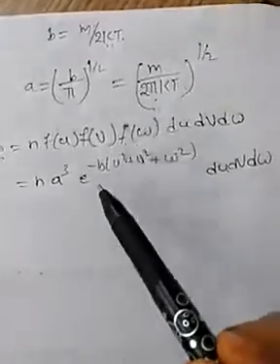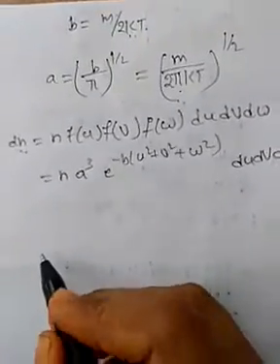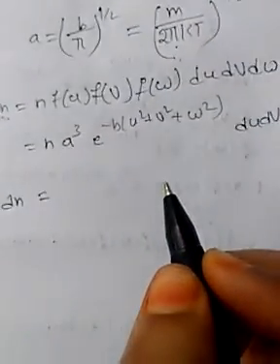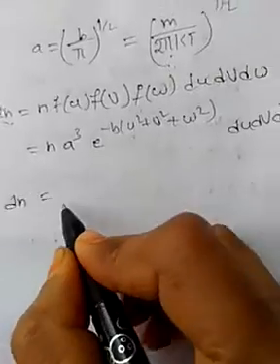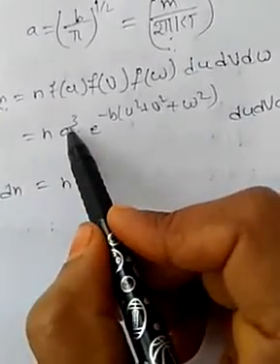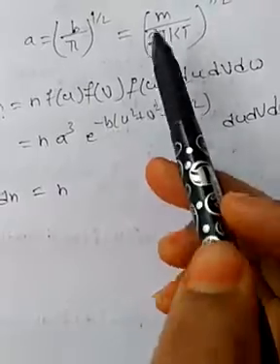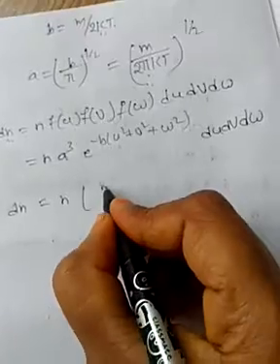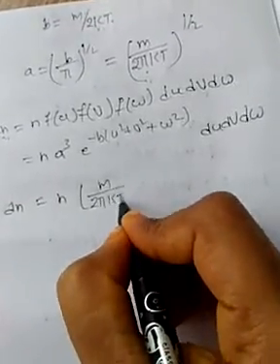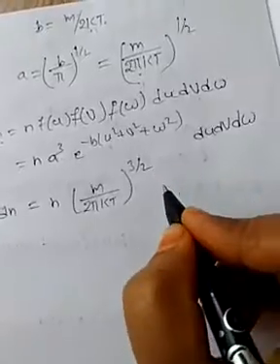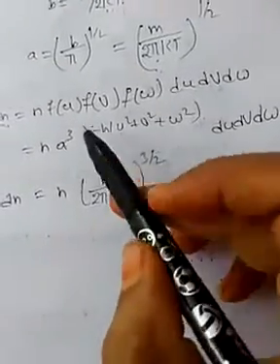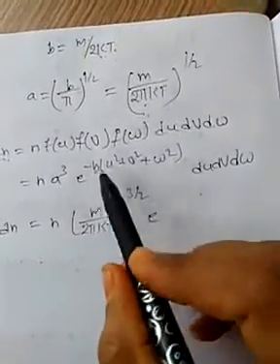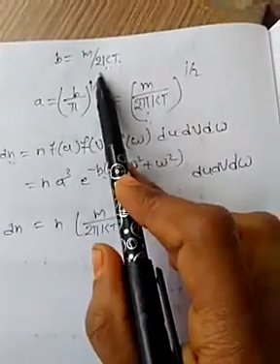Then dn equals n into, in place of a cube, (m by 2 pi kT) whole power 3 by 2, into e power minus b, where in place of b you substitute m by 2kT.